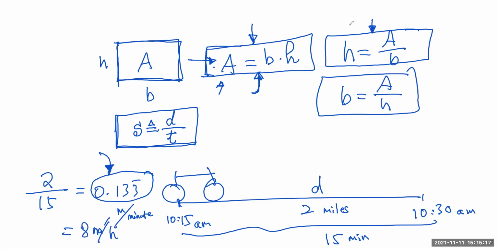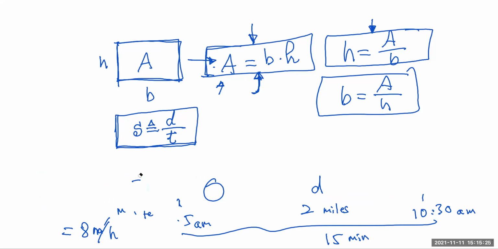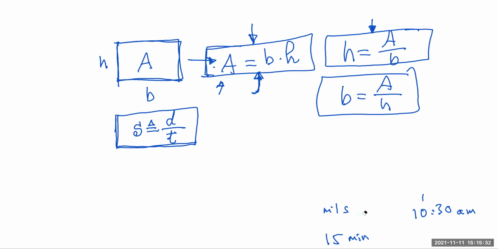Okay. So now we know that the speed is defined as distance over time. But if we know the distance and we know the speed, can we figure out the time?